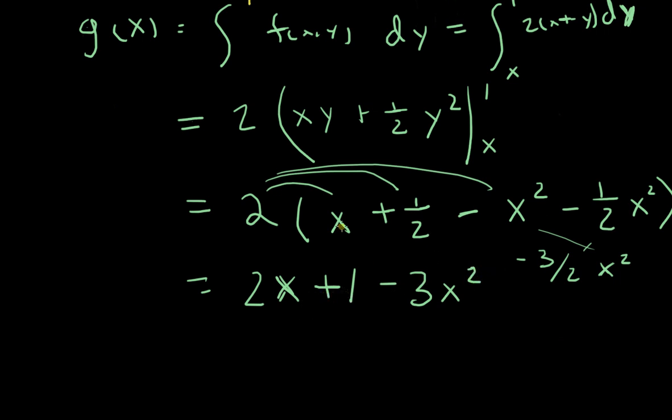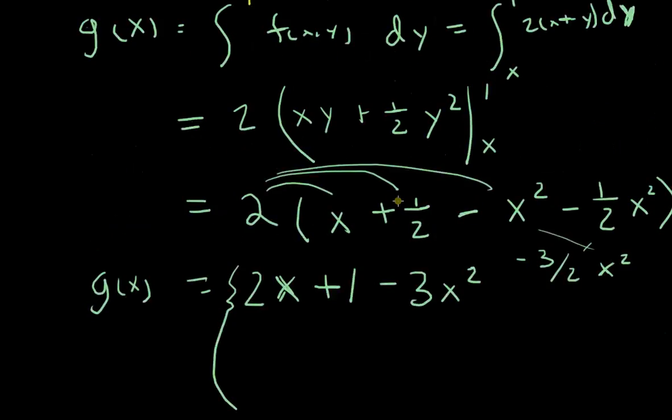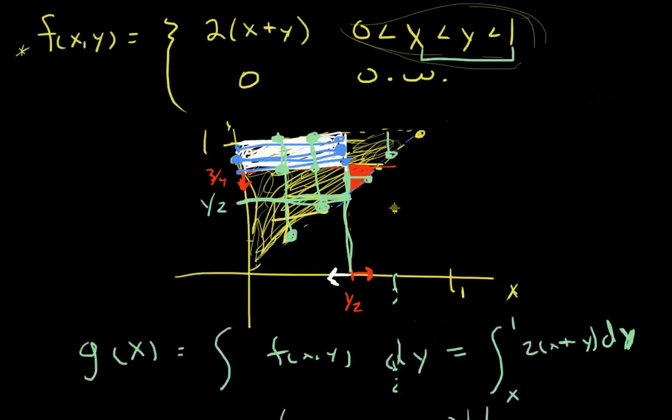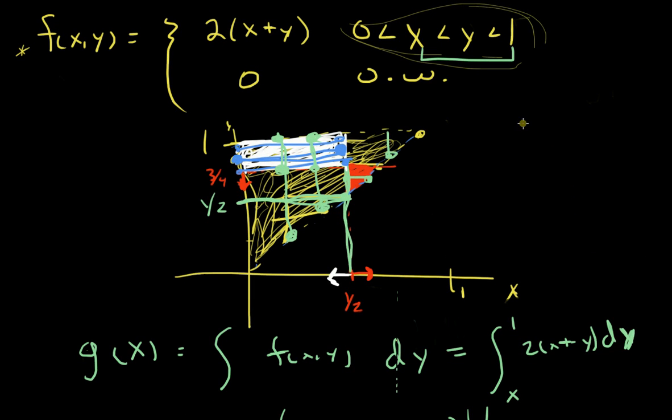All right, this is usually where students will stop, and if you stop here, you will lose points on the exam. You need to write your final answer. You need to define the PDF for all values of x, right? So it's 0 unless x is between, let's see, should I write x is between 0 and y?